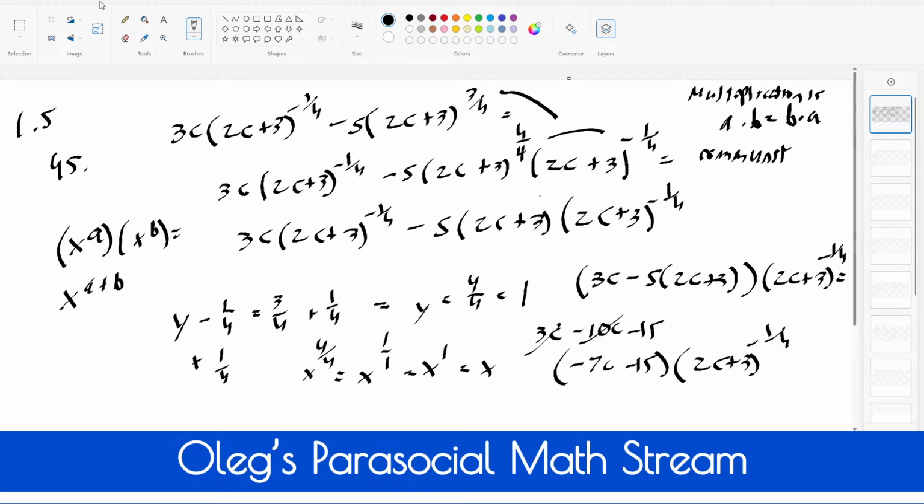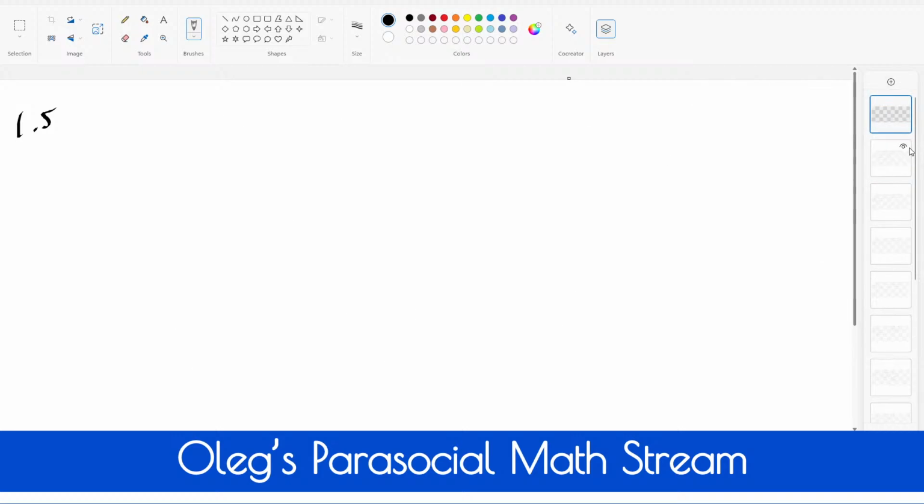Commutative. a times b is equal to b times a. All right. And we now go to 47. Here we go. All right.